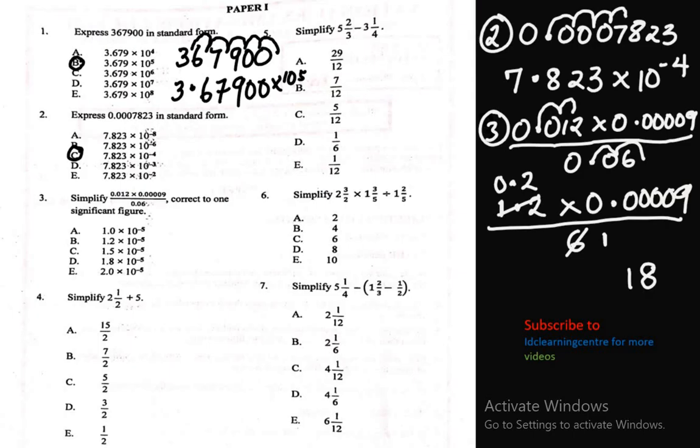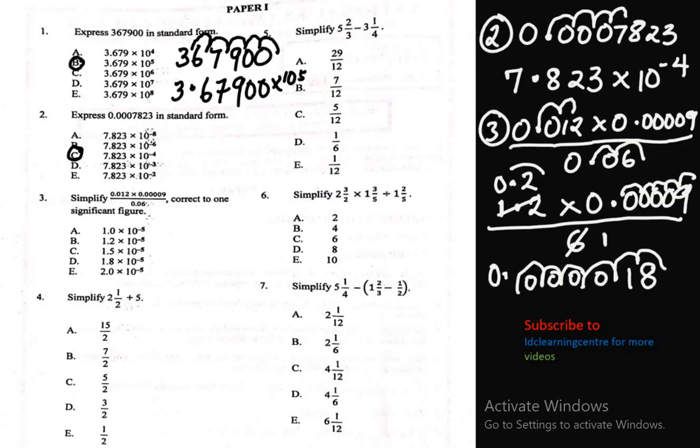Then 0.00009. How many decimal places do we have there? Let's count. This is like 1, 2, 3, 4, 5. Plus this one decimal place, that's 6, right? So we count 1, 2, 3, 4, 5, and 6 and put our decimal point. Then we'll fill up these gaps with zeros, okay?